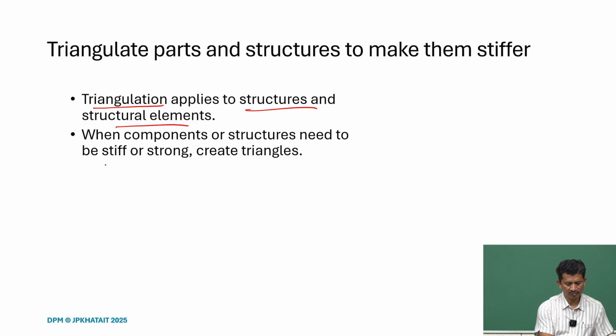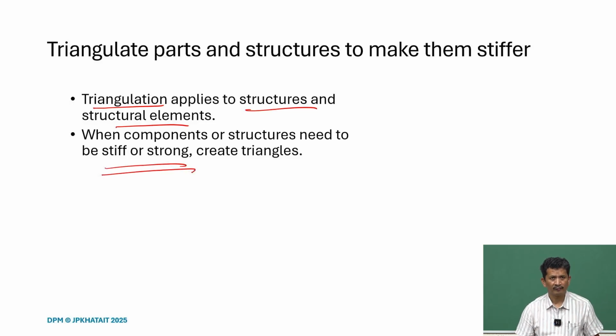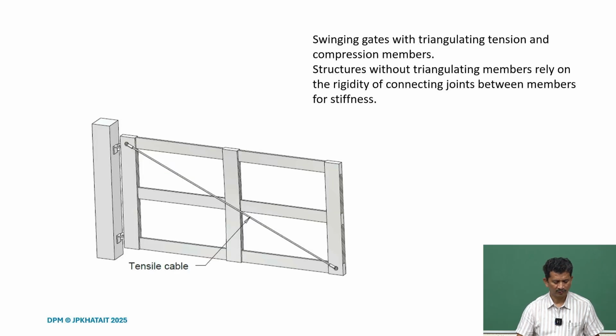And this is particularly important when you need to have high rigidity, high stiffness, and want it to be strong. So, a very good example is, for instance, these swinging gates made of wood, so the wooden planks.